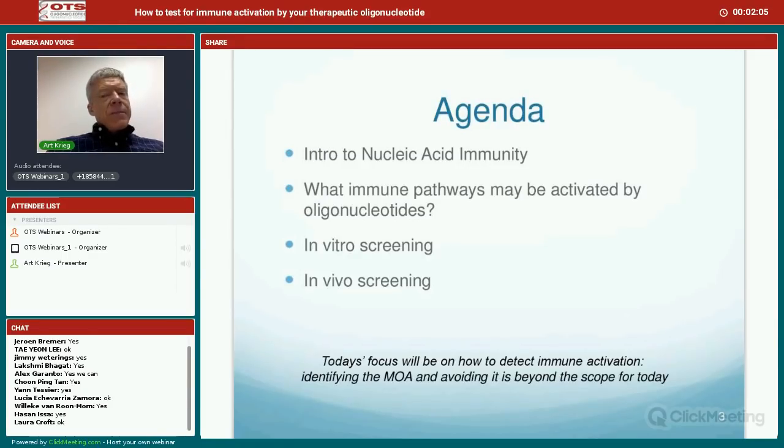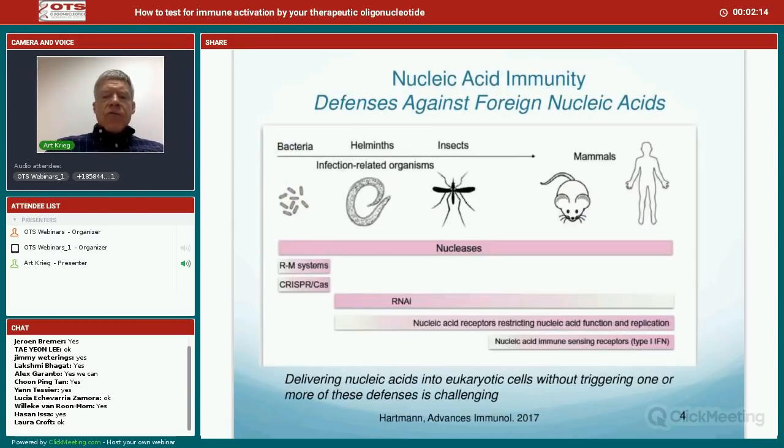Now, identifying the mechanism of action for immune effects that you see with an oligo and avoiding those effects is really a different topic that's out of scope for today, but that potentially could be a focus for a future webinar.